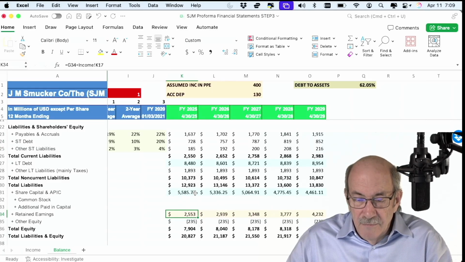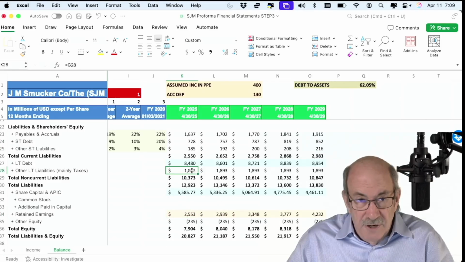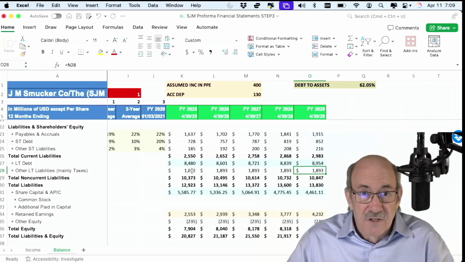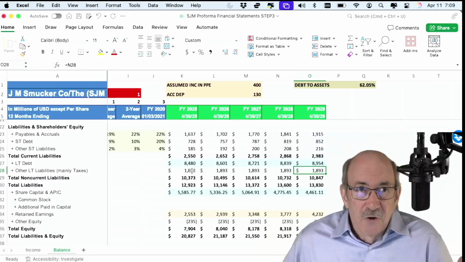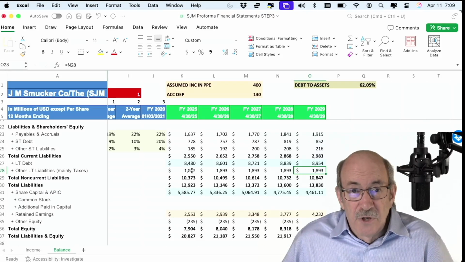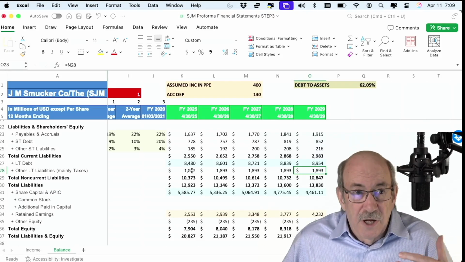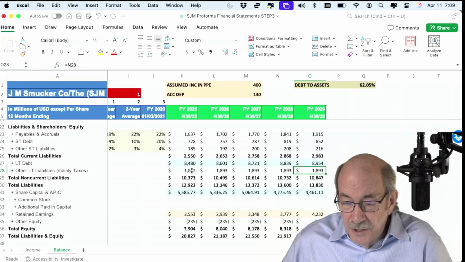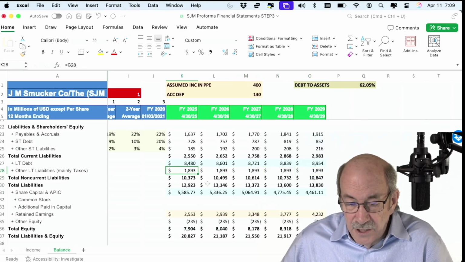And then these other accounts we handle differently. This one, the other long-term debt, again, I just assumed was constant. I'm not worried about small values. Now, if you know that there's something in the other long-term debt that's going to change, you want it to be reflected. But in this case, I felt like it was okay to just leave it constant.